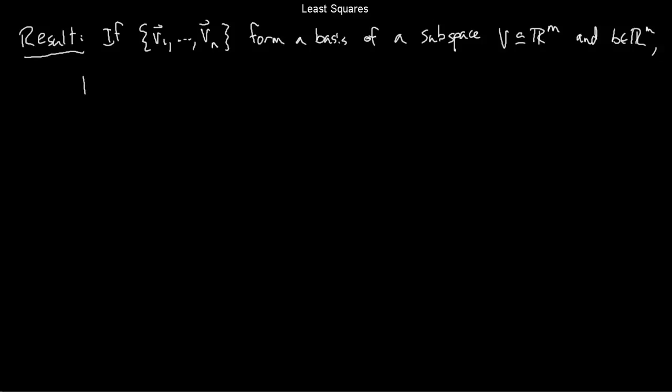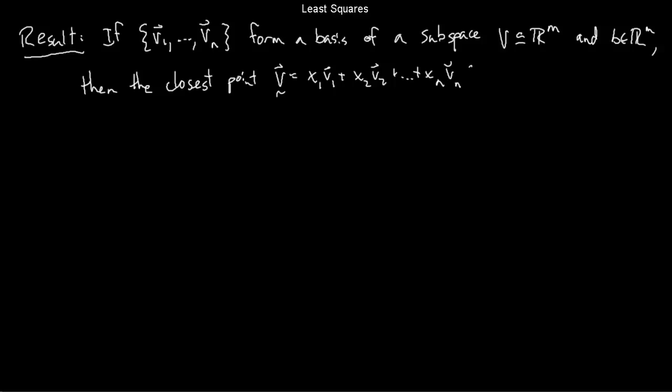Then the way to find the closest point in V to b, that point is going to be called v tilde. In terms of this basis, the coordinates, say they're x1 v1 through xn vn, that member of V, which is the closest vector to b, is determined uniquely by the following equation.